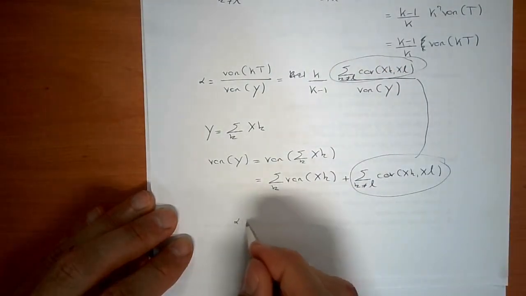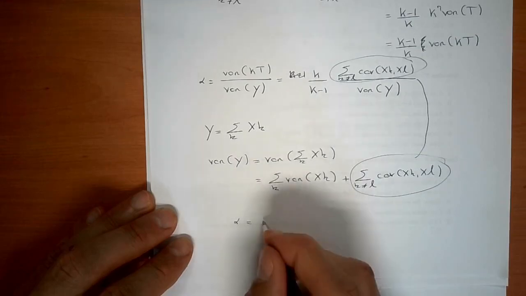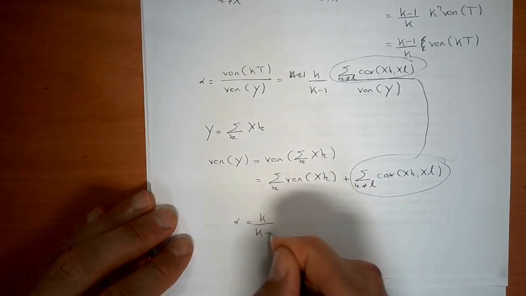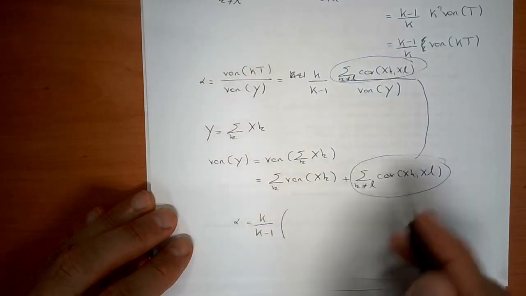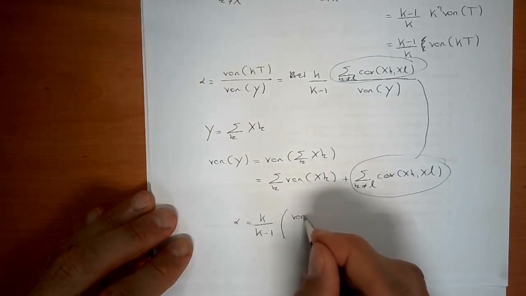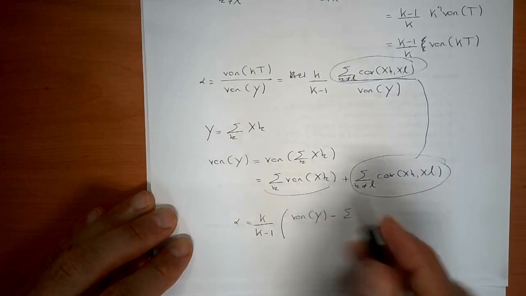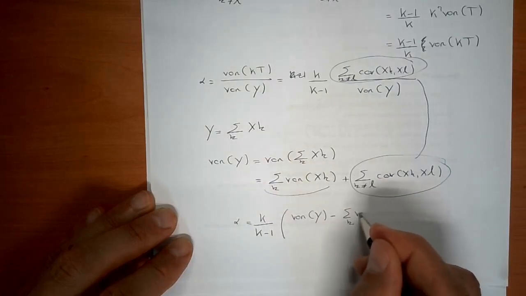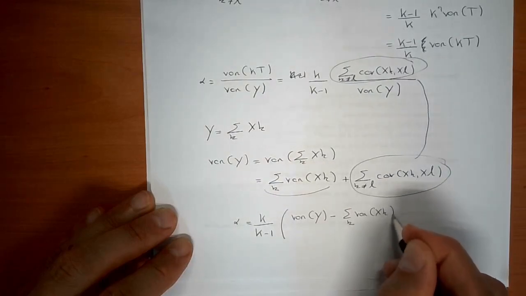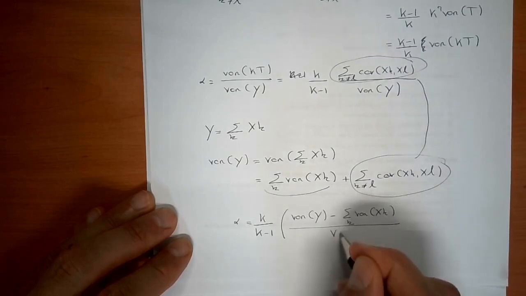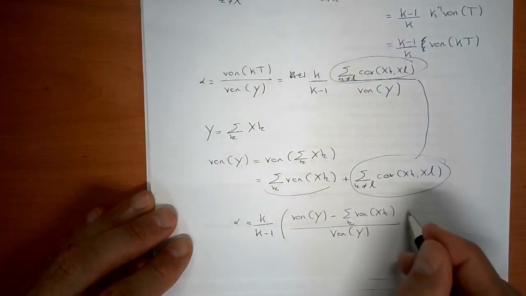And now basically what you do, you take this here and you substitute this out. So what is my alpha? My alpha is nothing more than k divided by k minus 1 times the variance of y minus this part here, the sum of the variances over all the xk's, divided by the variance of y.